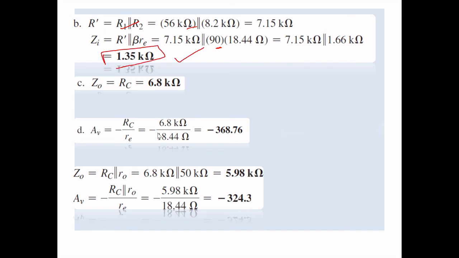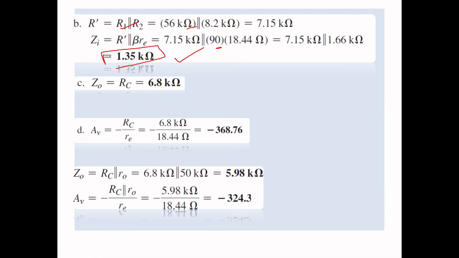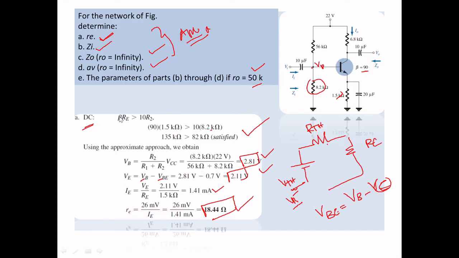In part C, they are asking to find the output impedance considering R0 is infinite. You have to consider R0 as infinity, so Z0 equal to RC, which is directly given in the circuit as 6.8 kilo ohm. In part D, they are asking to find the voltage gain when R0 is infinity.